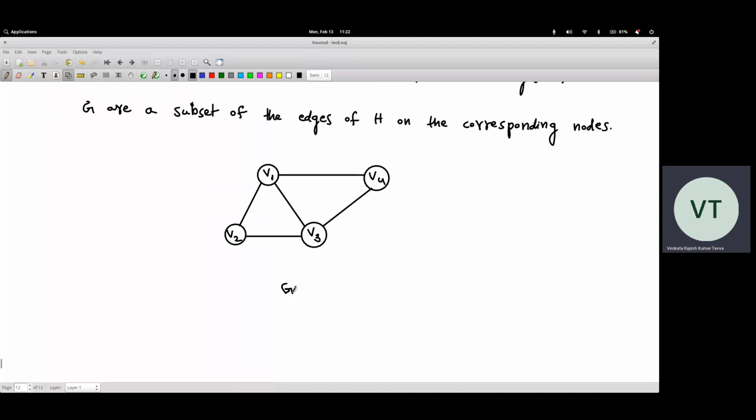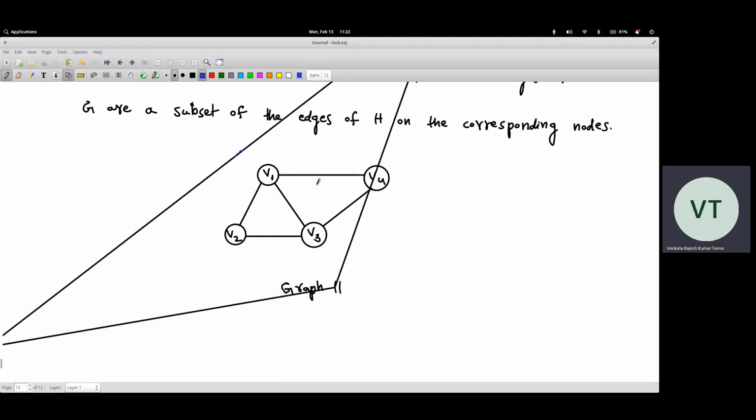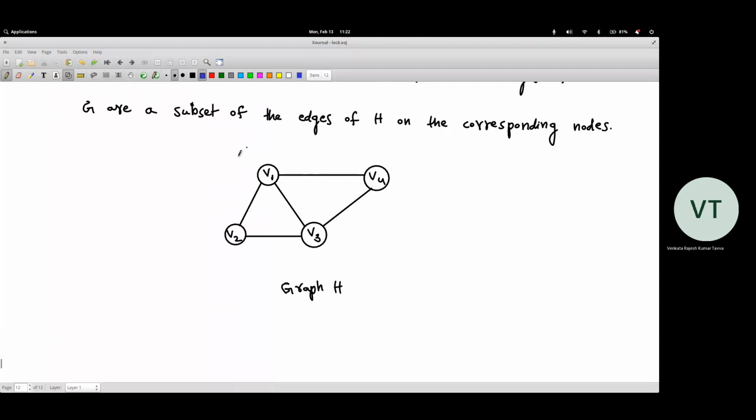So let's assume this is our graph H. Now I want to consider this portion as my subgraph G. So these nodes will be part of G and also these edges.